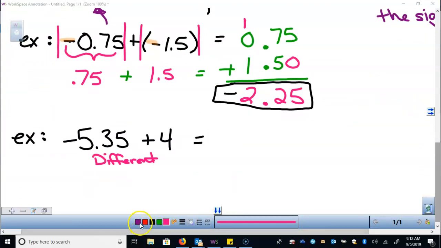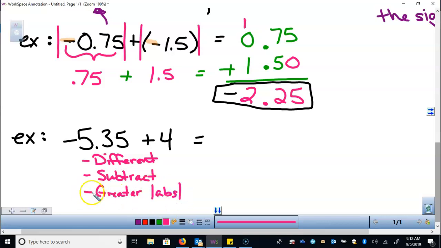So different signs, we take the difference, which means we're going to subtract. And then whichever number has the greater absolute value wins the sign. Okay, so the answer has the same symbol, positive or negative, as the one with the greatest absolute value.